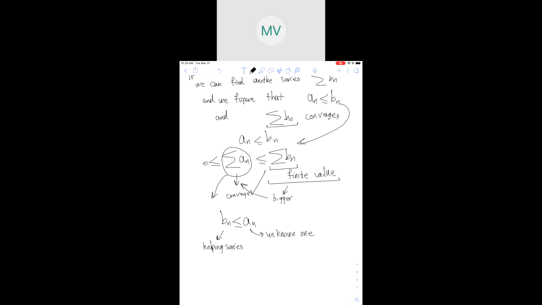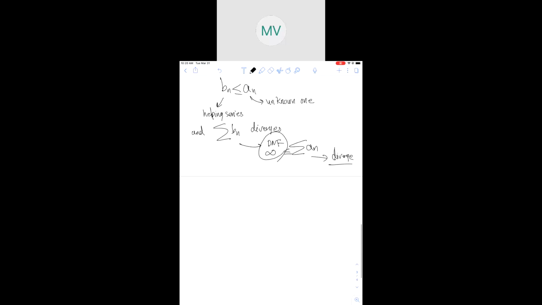And you realize sigma b sub n diverges. Well, diverges means either it doesn't exist or the sum is infinity. And the sum of a sub n is bigger than or equal to that. So of course this is going to diverge. Make sense?